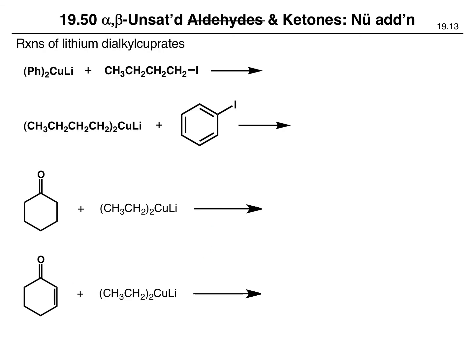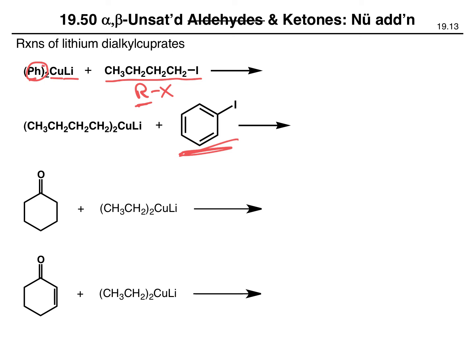Now let's come back to our old friend, a lithium dialkyl cuprate. So we saw this a few chapters ago, and if we have a lithium dialkyl cuprate, this can react with an alkyl iodide or a phenyl iodide. There's some flexibility with the coupling partner, with the RX. It works best when this is methyl or primary, but yet you're still allowed when you've got a phenyl. Go figure.